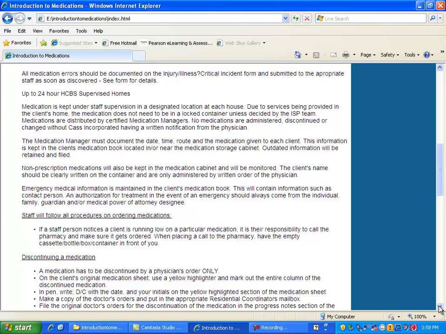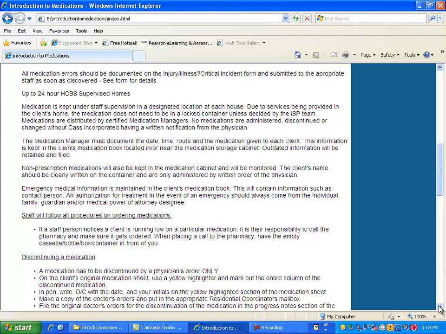Medications are again only distributed by certified medication managers. No medications will ever be administered, discontinued, or changed without CAS Incorporated having the written order or notification from the physician. The medication manager again must document the date, time, route, and the medication given to each client.